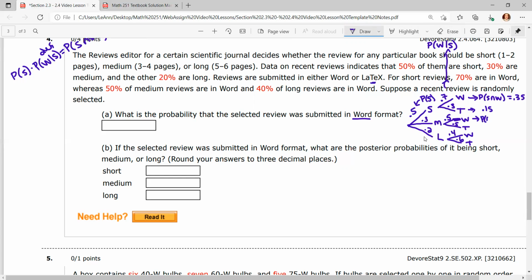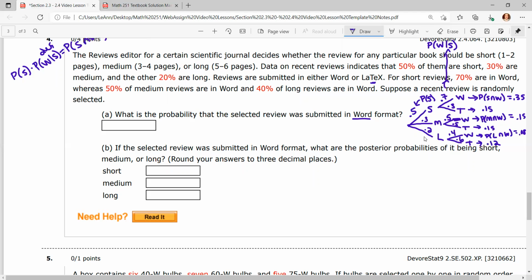This is probability of medium intersect Word, and that's 0.15. This one is also 0.15. This one is the probability of long document and Word, and that is 0.08. This is 0.2 times 0.4. And then the last one is 0.12.